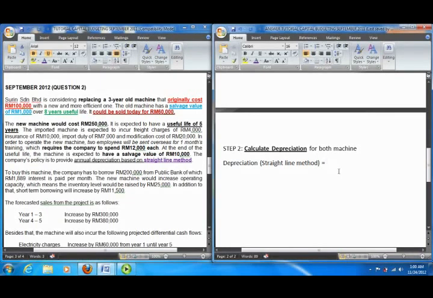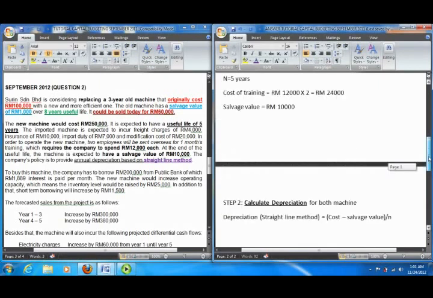The formula for depreciation using the straight line method is cost minus salvage value divided by n. Alright class, as you can see right now, it is easy for you to calculate depreciation when you have extracted all the information.